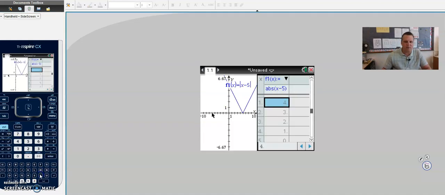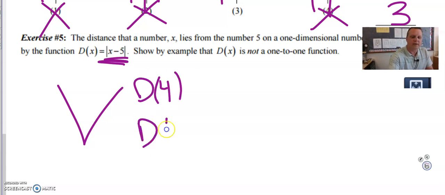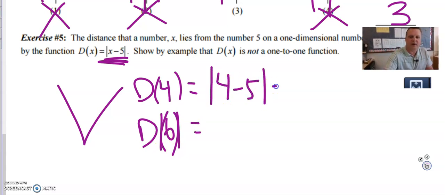So I want to prove that. So I'm going to go to the table and find 2 outputs that are the same. So I just scroll down the table and look, I can do 3 and 7, I can do 4 and 6. So I'm going to do 4 and 6, and the answer should be 1. So I have d of 4 and d of 6. Oh, should we parentheses there? So d of 4 is the absolute value of 4 minus 5, which is the absolute value of -1, which is 1.